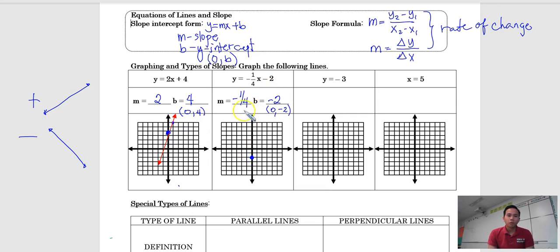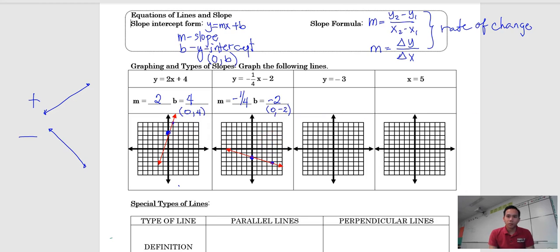And then we have negative 1/4, so it's downhill. So down 1, and then you go 1, 2, 3, 4. And then I'll connect the line. So that's the graph of y = -1/4 x - 2.